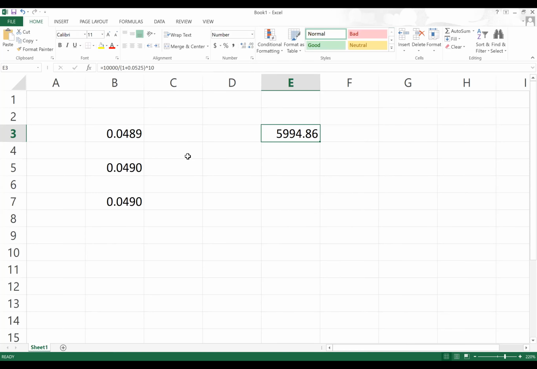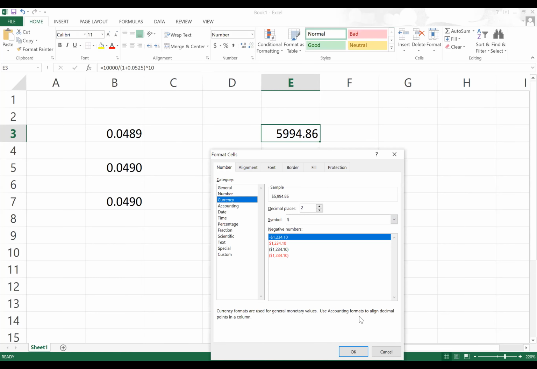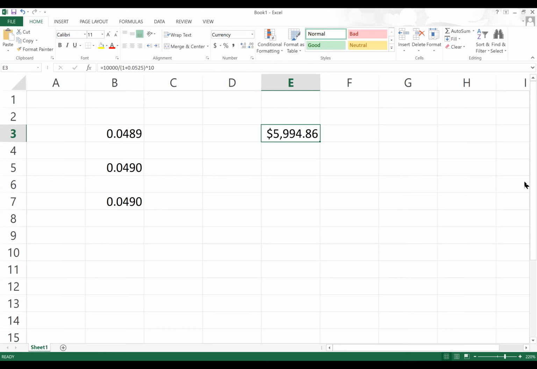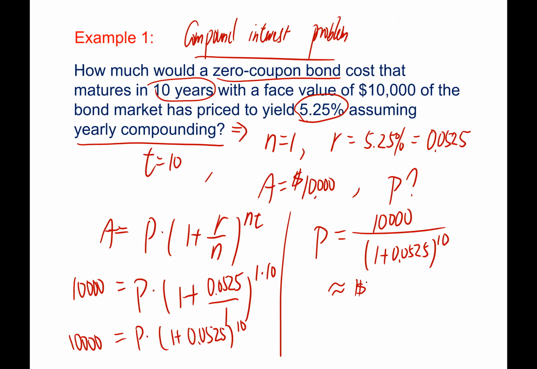Okay. So if you compare this to the actual face value, the difference is quite large. Typically we round to 2 decimal places. So it's $5,994 and 86 cents. Okay. So this is your purchase price for this zero coupon bond.